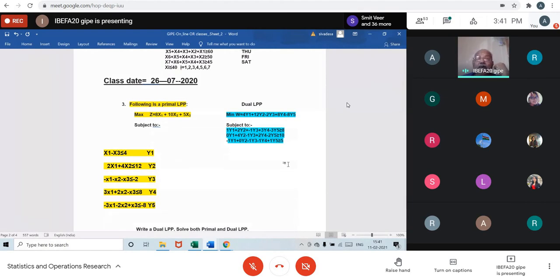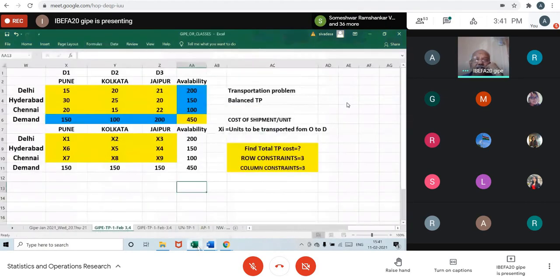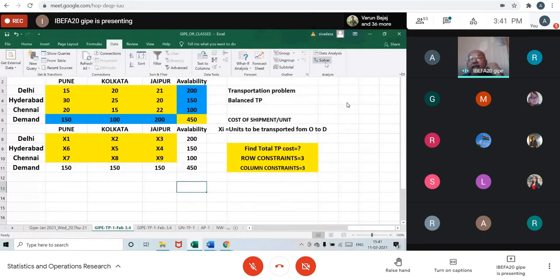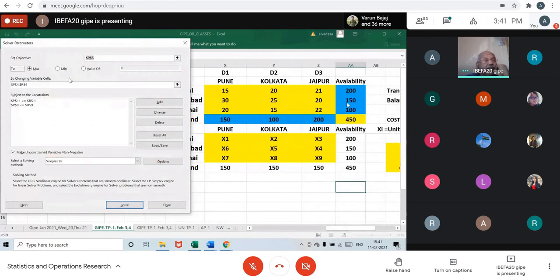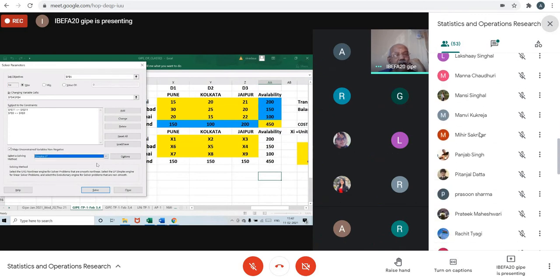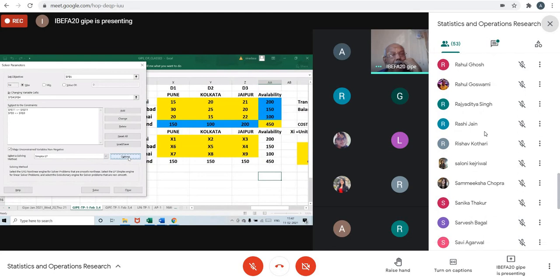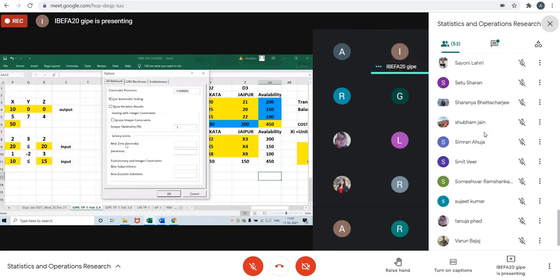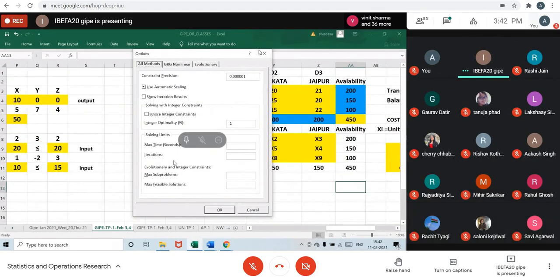Let us check whether we have this in the solver box. No, it is not directly given, but we can do it.